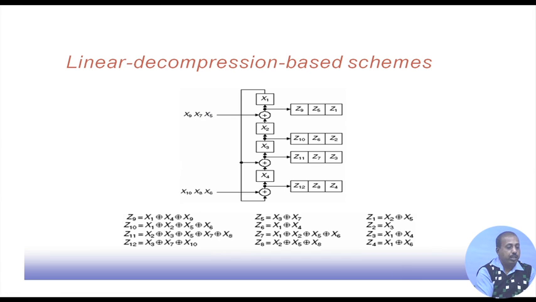Initially these values x1, x2, x3, x4 are loaded into these flip flops, and then x5 and x6 are fed in the first cycle. They are added by these XOR gates, and accordingly the outputs Z1, Z2, Z3, Z4 are computed. Then after one cycle, x7 will come here, x8 will come here, and accordingly Z5, Z6, Z7, Z8 will get computed.